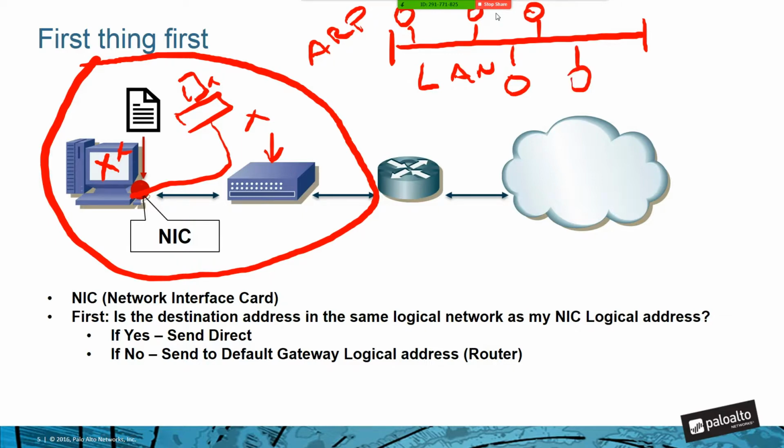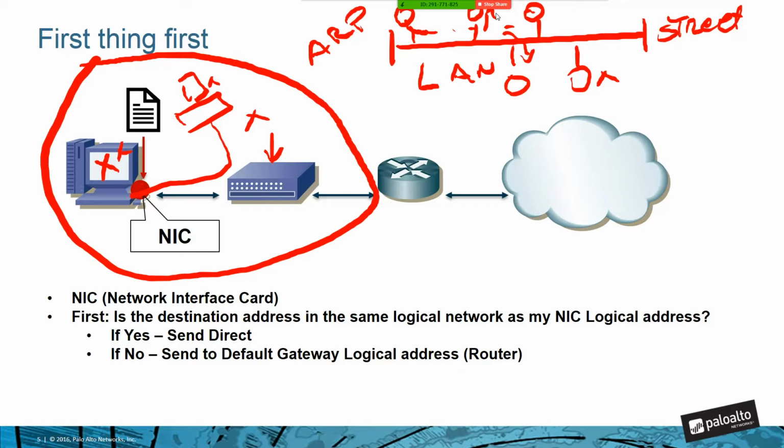So if this were a street, and you know the logical address of this guy, but you don't know the house number, you simply get out of the door of your house and you say, where does Mr. Casablanca live? His logical address is the house of Mr. Casablanca. I just don't know the house number. So I scream down the street, where does Mr. Casablanca live? Is this guy Mr. Casablanca? No, he will ignore it.